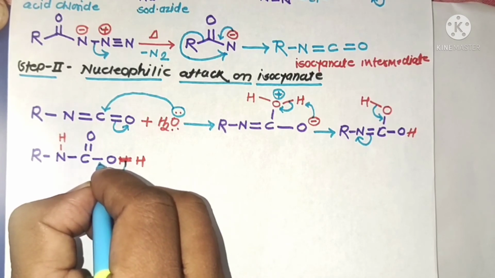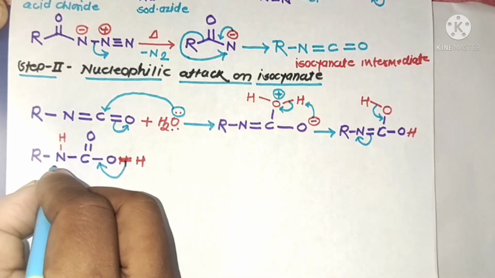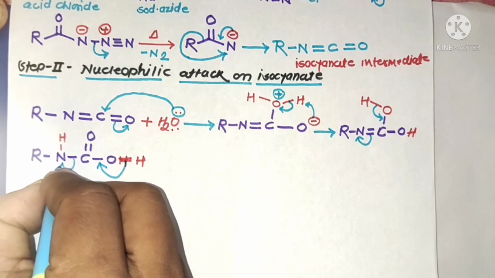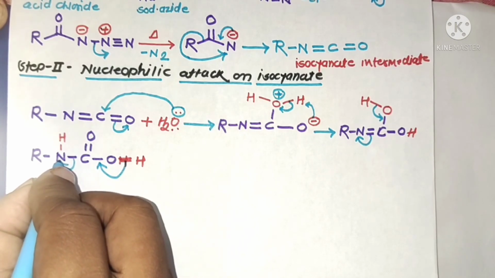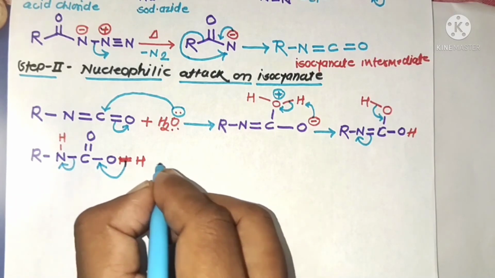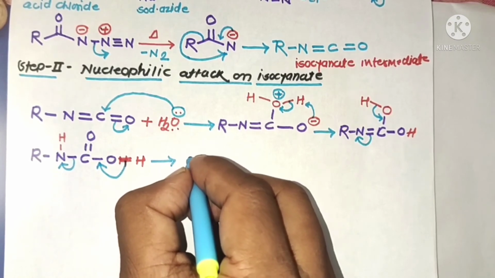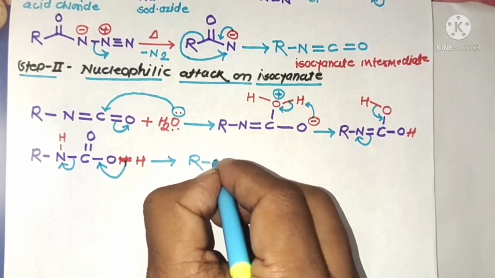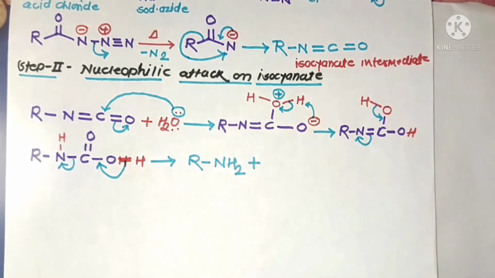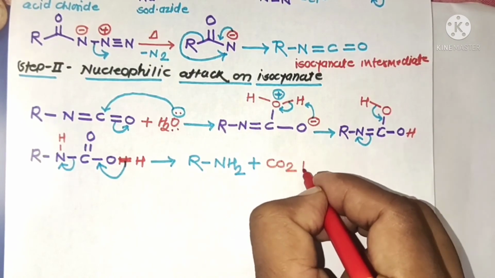There is elimination of carbon dioxide, and the H plus ion is abstracted by the nitrogen atom. The bonding electrons shift toward the nitrogen atom, so nitrogen has a negative charge. The negatively charged nitrogen atom abstracts an H plus ion to form the product of this reaction, R-NH2, with elimination of the byproduct carbon dioxide gas.